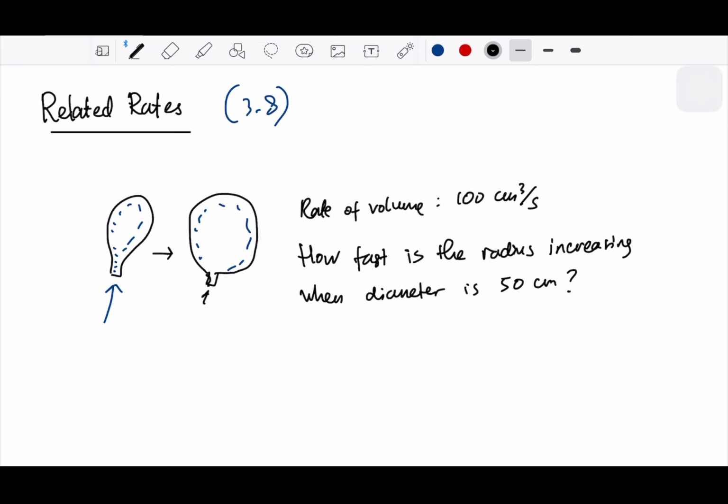Because the balloon will change its shape, right? And also we get the idea that when it's changing, the radius is also changing and increasing. Right? But what the question means by the radius of 50 centimeter is similar to what you learned in the tangent. Okay? This is similar to when you have dy over dx at x equals something.